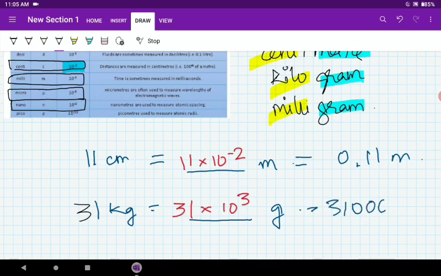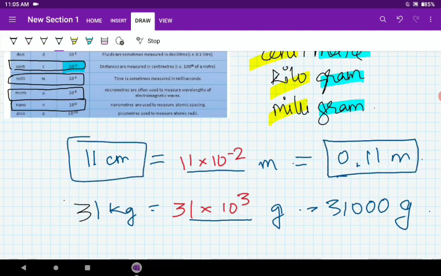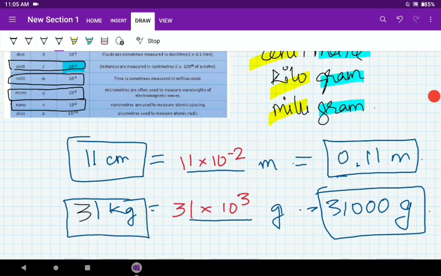See, it is not very convenient and it is not very easy to see or understand. So instead of writing 0.11 meter, you can write 11 centimeter. Or instead of writing 31,000 gram, you can easily write 31 kgs. Right. So this is all about prefixes and why do we use them. The next thing which we will be studying is the conversion factor.